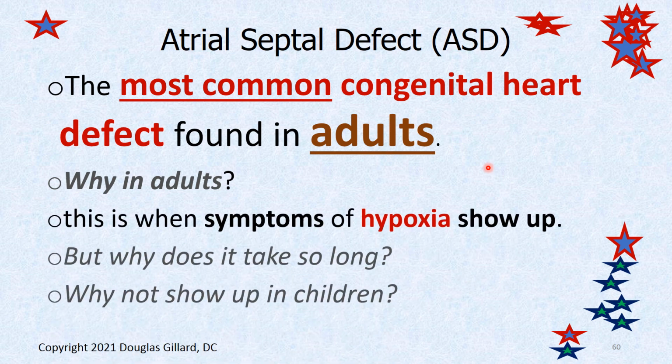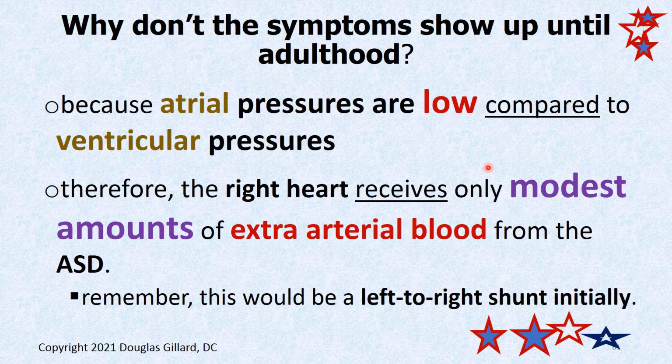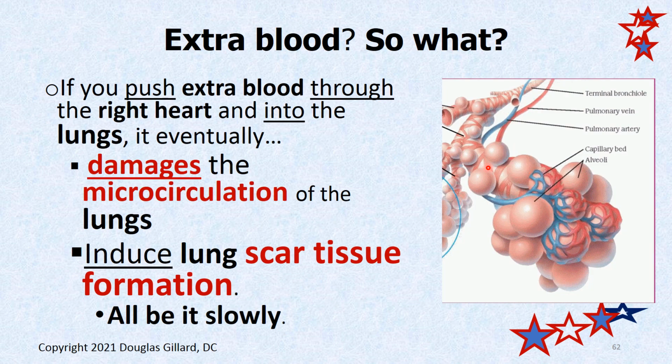Okay, everything I said. Why doesn't it show up in children? Atrial pressures are low compared to the ventricles, so the right heart doesn't get a whole ton of extra blood, so it takes a long time for Eisenmenger syndrome to occur. Right? Extra blood, so what? Well, there's the microcirculation again. This gets damaged.